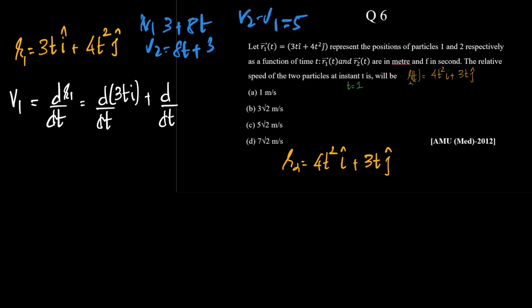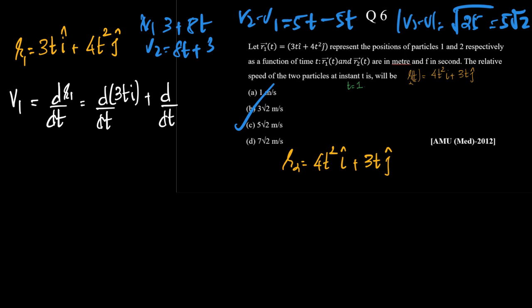It will give you 5t minus 5t. So modulus of V2 minus V1 will be equal to root of 5 square plus 5 square, which is root of 2 into 5 square, which will give you 5 root 2 as the correct answer. So that's how you'll approach the question during an examination. But I was just trying to make sure that the explanation is correct and detailed as well.